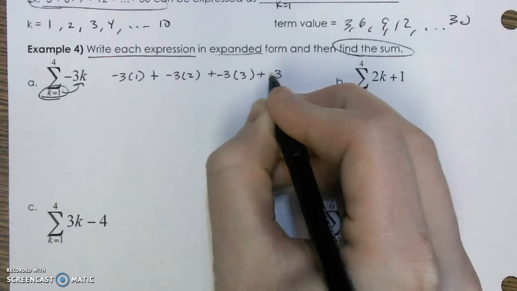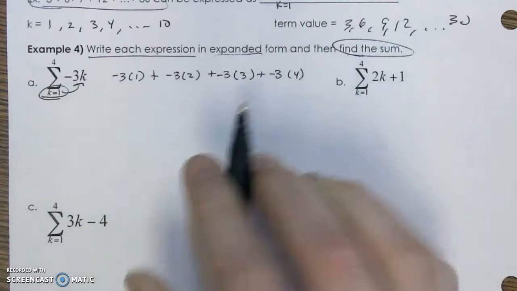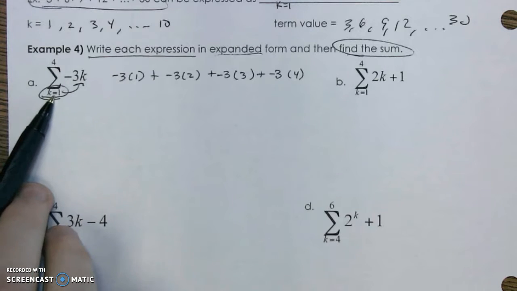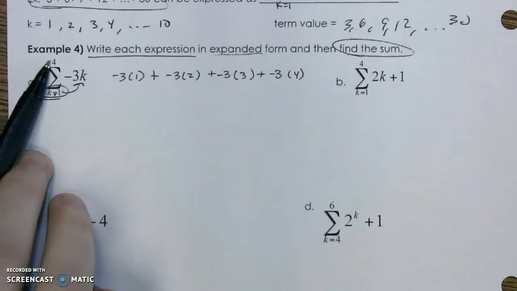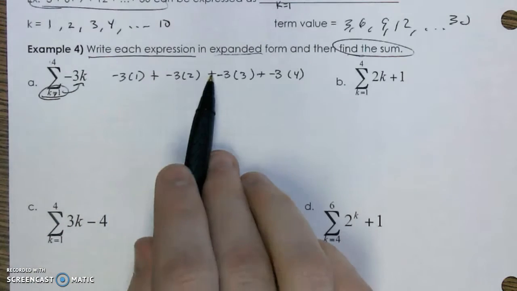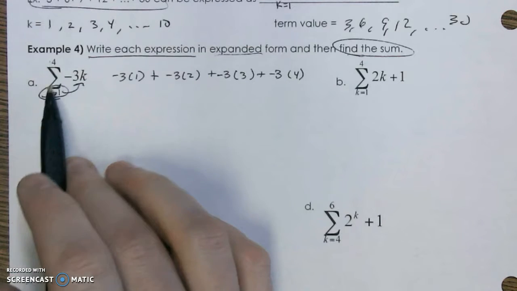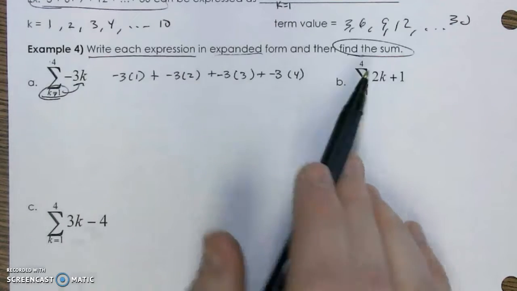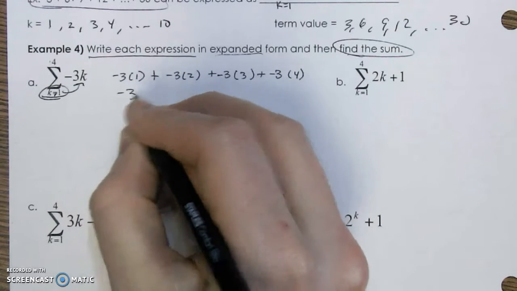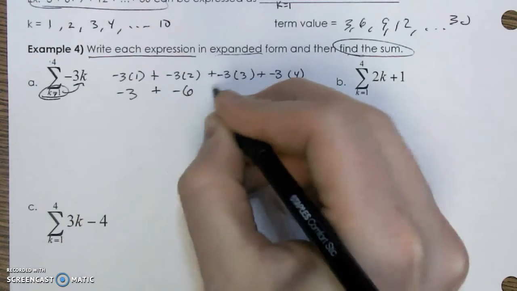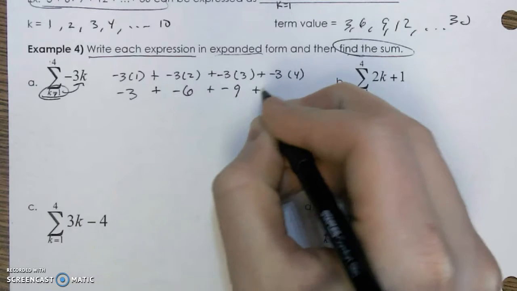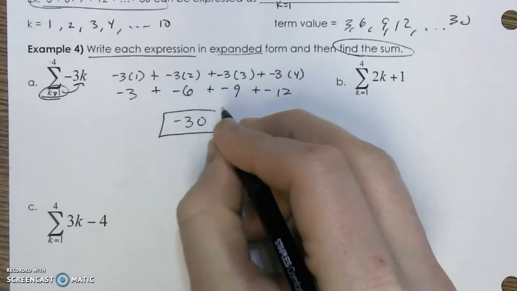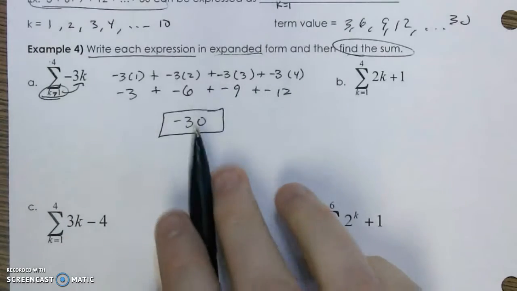I'm stopping at 4 because that's the top value of the sigma, so it tells me to start at 1, stop at 4. And I'm putting plus signs between them because sigma tells me sum, so we're adding them all up. So we have -3 plus -6 plus -9 plus -12, which makes -30. So that is the answer.